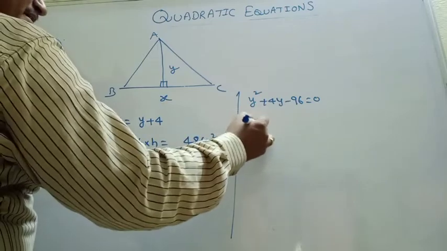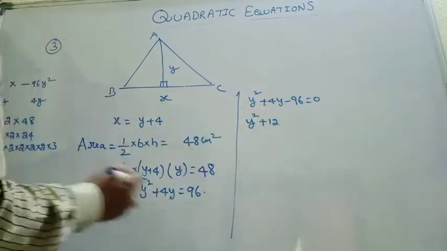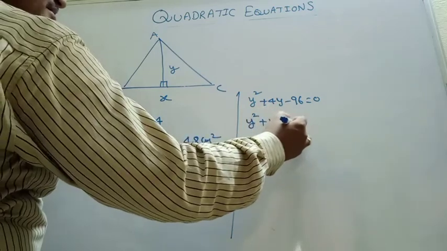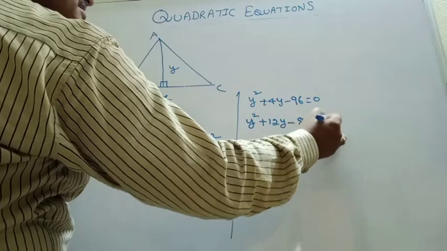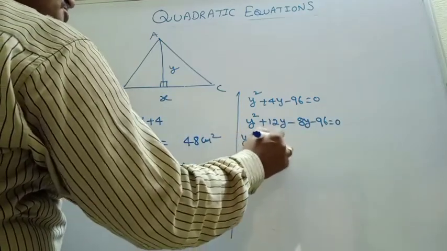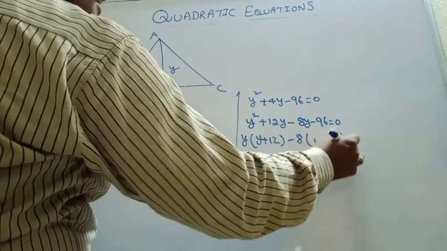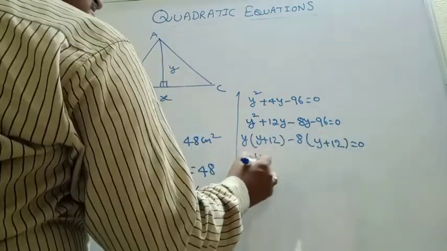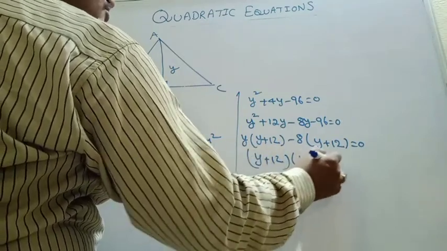What we will be getting is y square plus 12y minus 8y minus 96 is equal to 0. Now if you take y common, y plus 12, and minus 8 common, y plus 12 is equal to 0. Now this is y plus 12 into y minus 8 equal to 0.